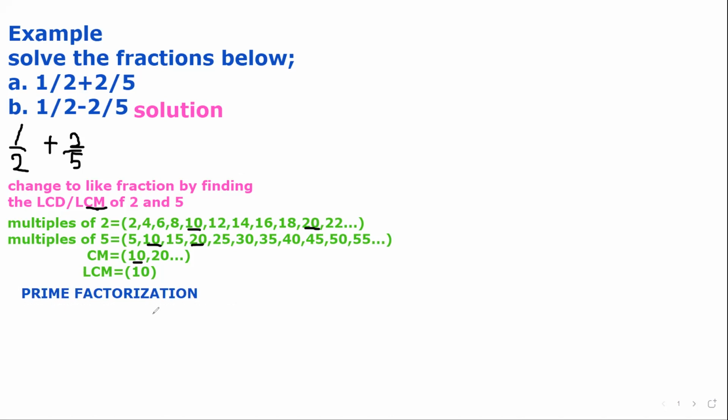So the numbers that we're supposed to find the LCD or the LCM of are 2 and 5. Okay, good. Then we draw a nice table for it.